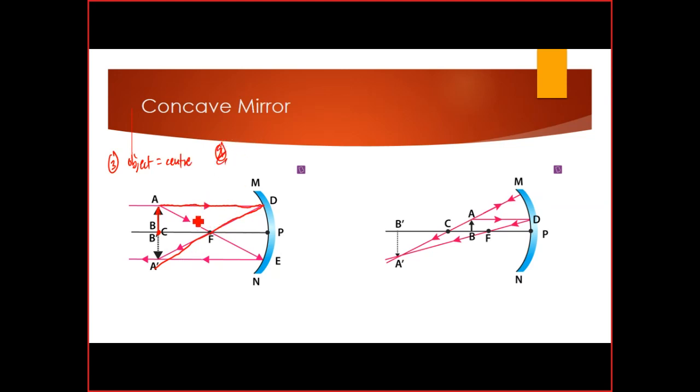Second, other than going straight, it can also pass through directly, and once it passes through directly, it can also bounce back. Reflected back over here.